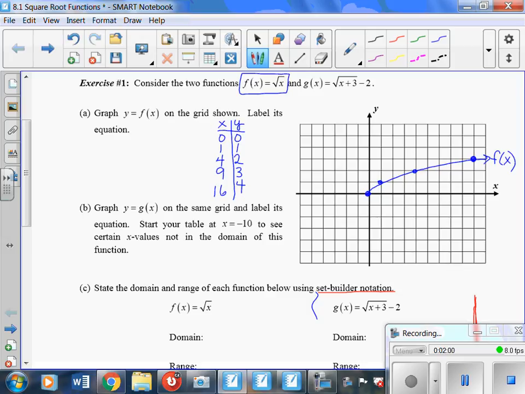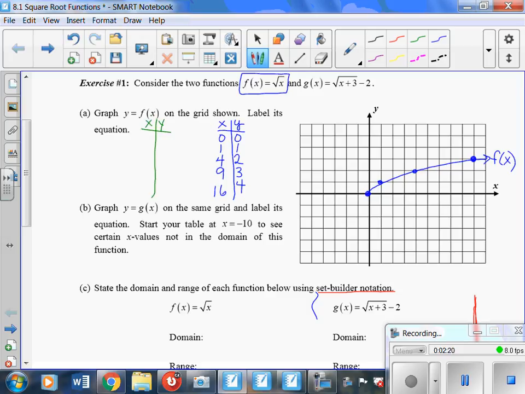Okay. So now B says on the same graph, let's graph g of x. And it says here, start your table at x equals negative 10 to see certain x values not in the domain of this function. What they mean by that, I'm not going to pull the calculator up because I think I can explain this to you just fine.